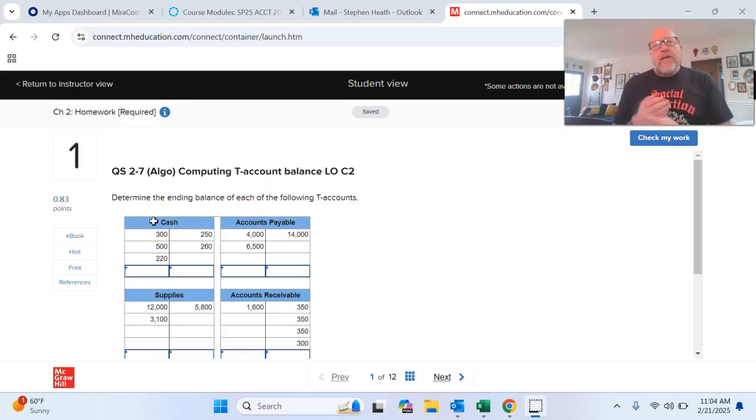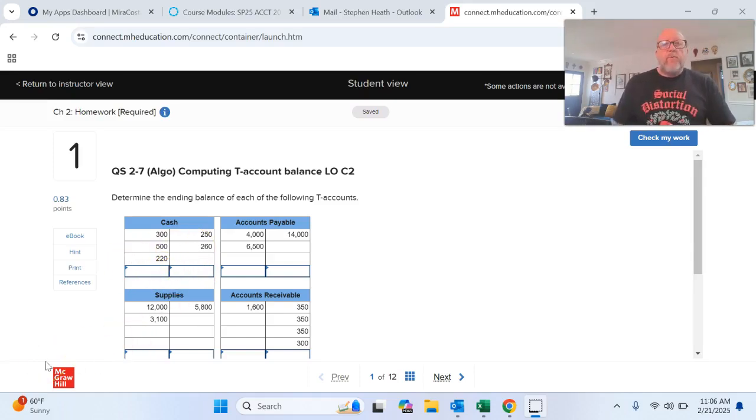I'm looking at the cash account. Remember, we were saying that cash is an asset. It goes up with the left side of those T accounts because assets are on the left side of the accounting equation. So I would total up all of my debits, and then total up all my credits, and then present the net result in one of these two boxes, depending on what that is.